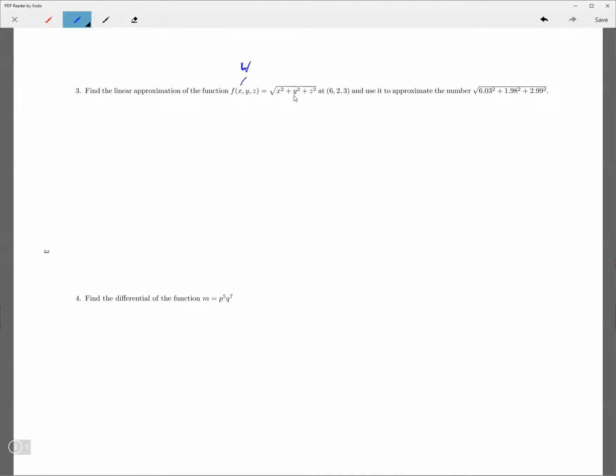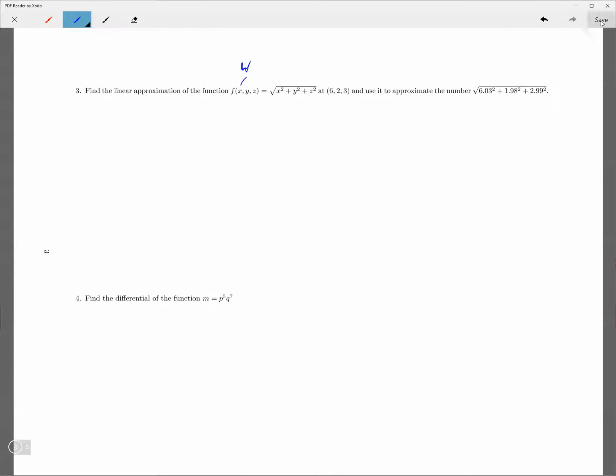So then you would say, okay, this one there's not going to be a tangent plane. If you could call it a tangent something, it would be 3-dimensional instead of 2-dimensional. A plane is 2-dimensional, but this has got to be 3-dimensional because there's 3 independent variables.